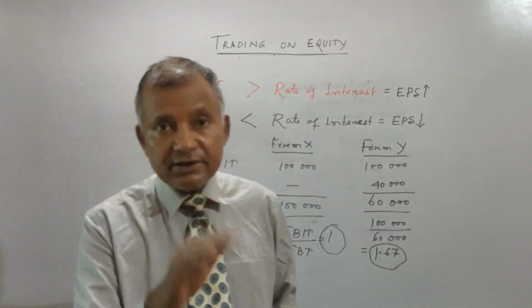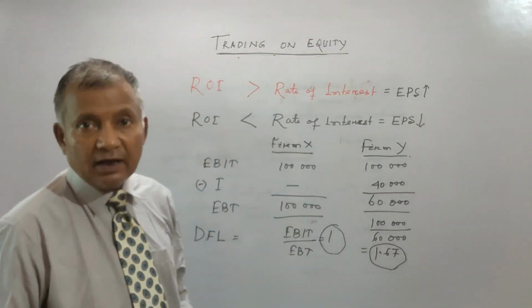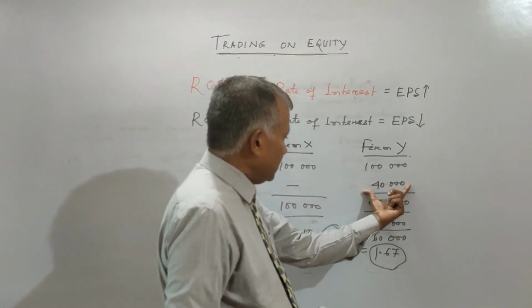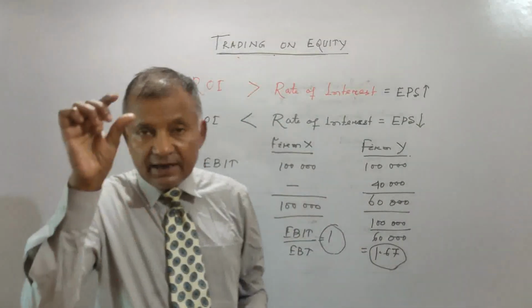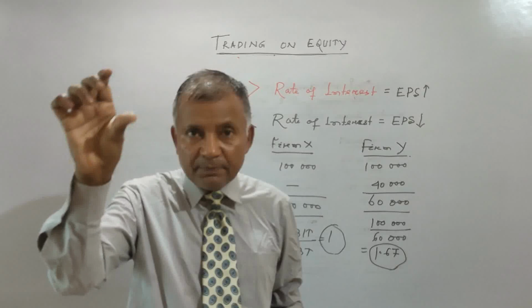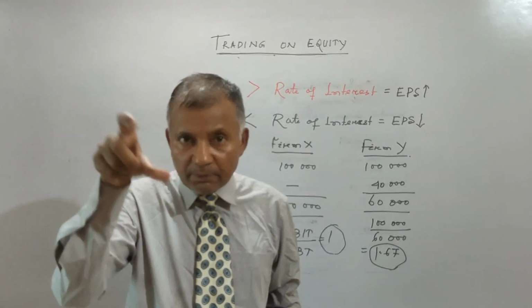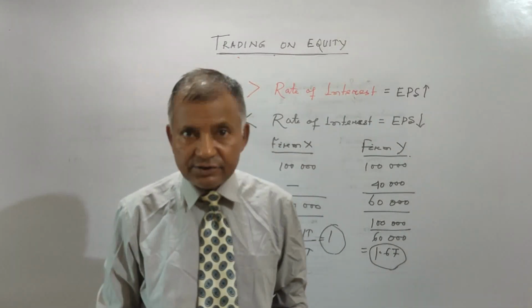Another advantage is that in case of a levered firm, there is interest of 40,000. If interest is charged in the profit and loss statement, profit will decrease and tax liability will decrease.